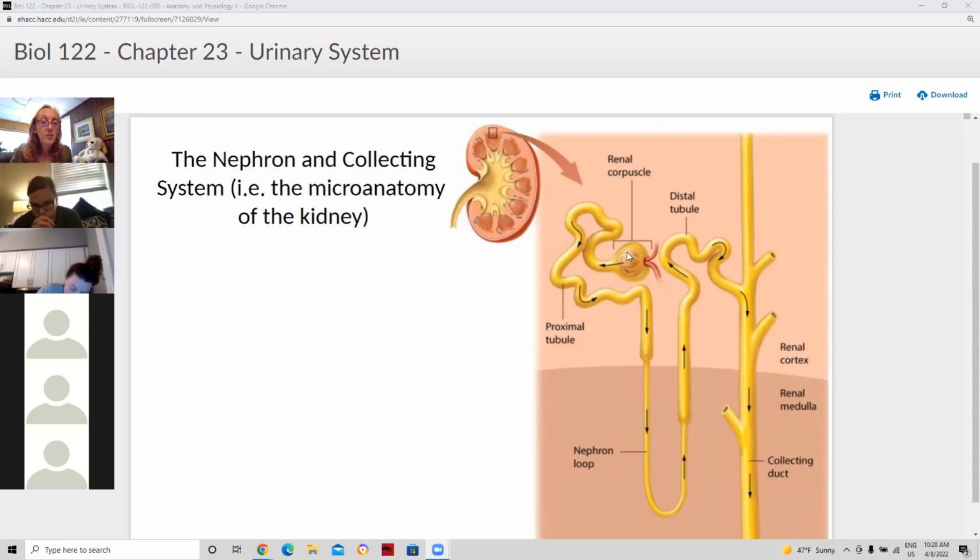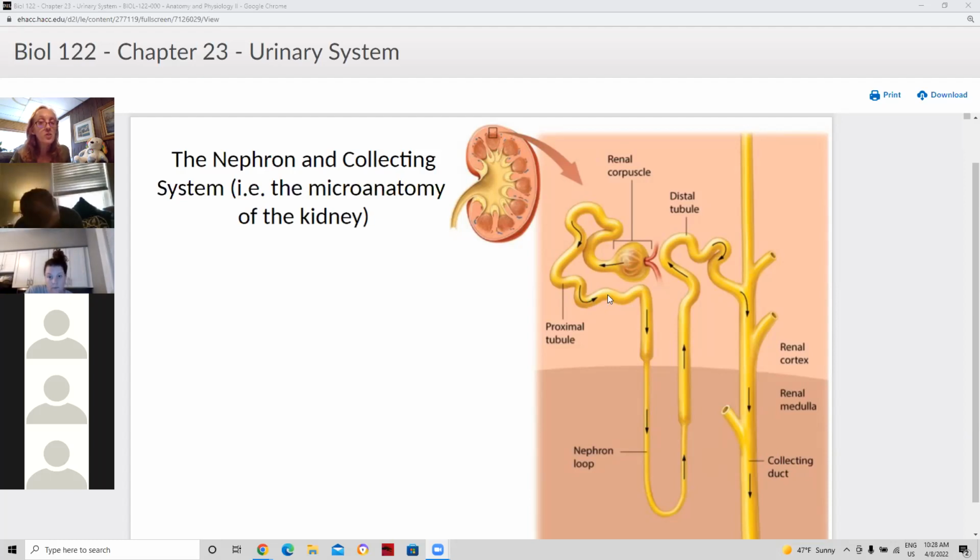The glomerulus is within the renal corpuscle. The filtrate that enters the renal corpuscle is going to move into the proximal convoluted tubule. Convoluted because it's really loopy, and proximal because it's right next to the glomerulus.